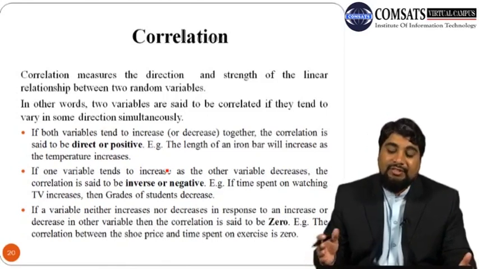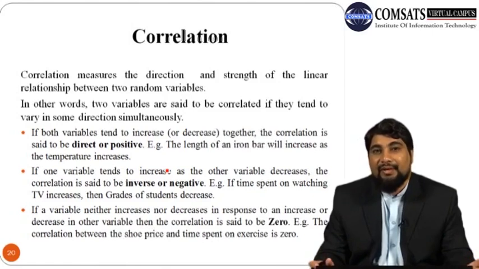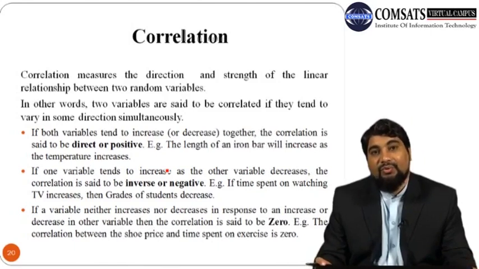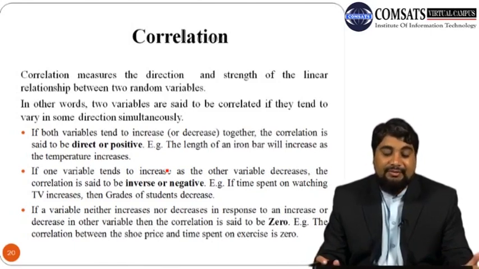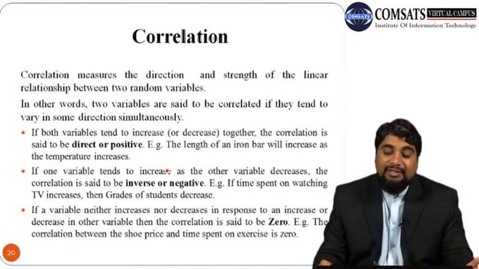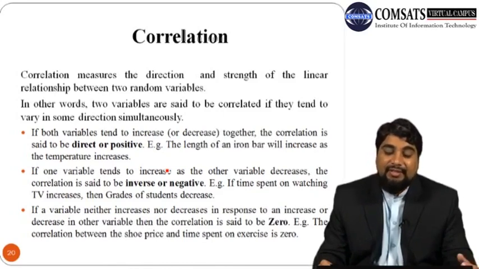If you spend more time watching TV shows, then obviously you will give less time to your studies and the grades will go down. So there is a negative or inverse relationship between the two variables: first is time spent on watching TV, second is the grades of students. This is an example of negative or inverse correlation.